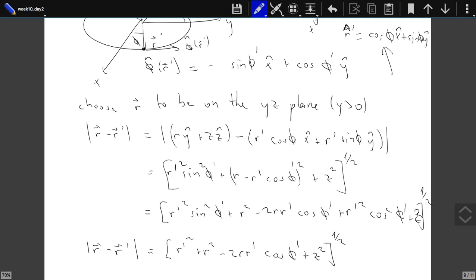You see, this is my r hat prime. Let me rewrite over here. Okay, r prime cosine squared phi prime in the x hat. I'm taking the square of the x component. The square of the y component is r minus r prime sine phi prime squared, plus z squared.